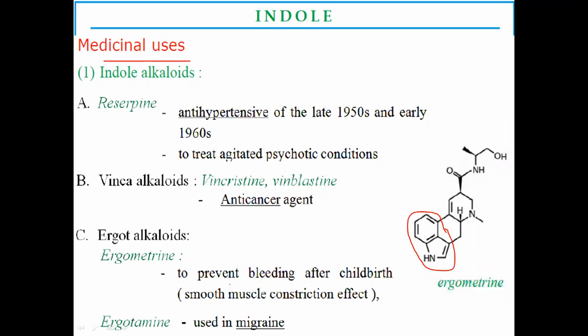Whereas reserpine, another drug, an antihypertensive, also contains indole as a basic moiety. Also vinca alkaloids, vincristine and vinblastine, have indole as a basic moiety. And these drugs are plant-originated anti-cancer drugs.